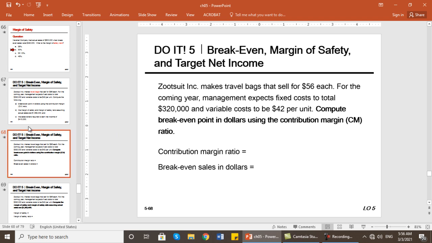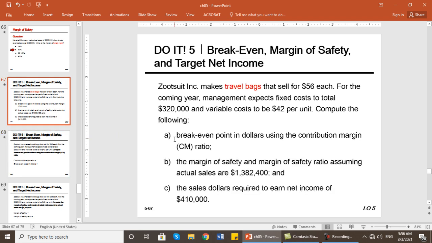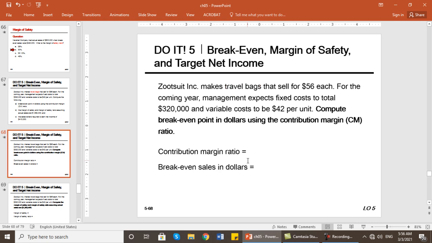Here, part A, to calculate the break-even point in dollars using the contribution margin ratio: the contribution margin ratio equals 56 less 42, divided by 56, which equals 25%.